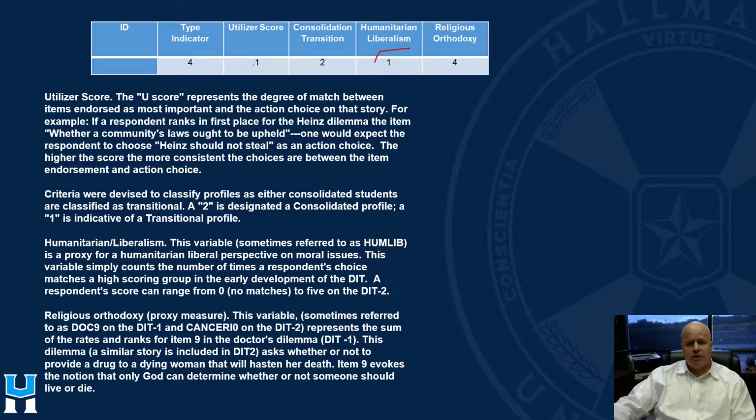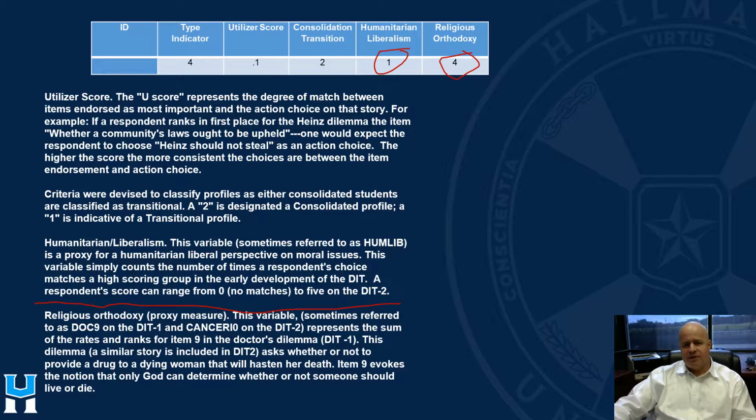As we go through, you can also see the liberalism score and the orthodoxy score. In this case, the liberalism score can be from 1 to 5, and this is how closely your answers matched a high-performing group when this test was first developed.